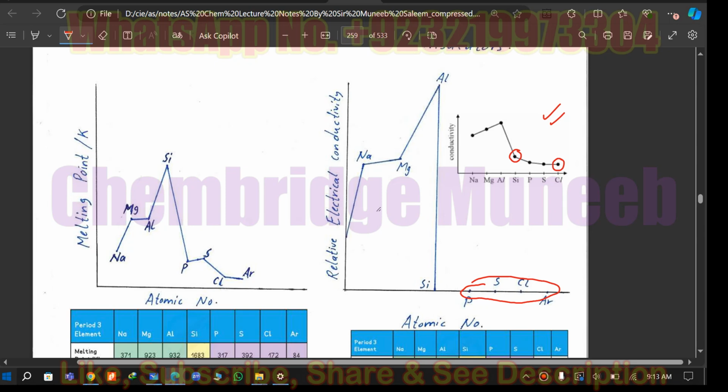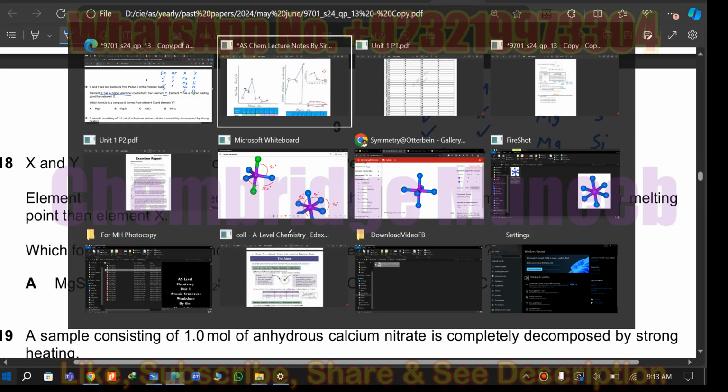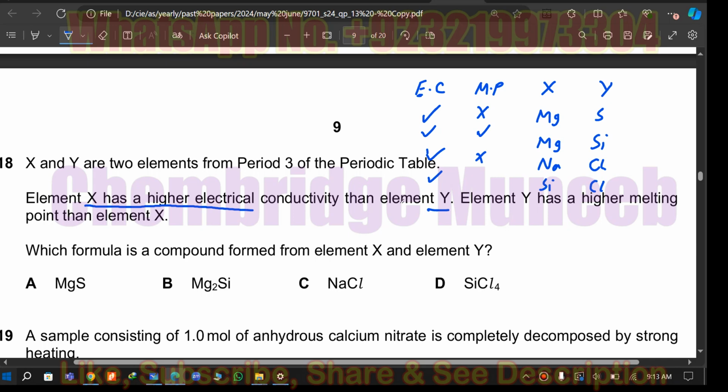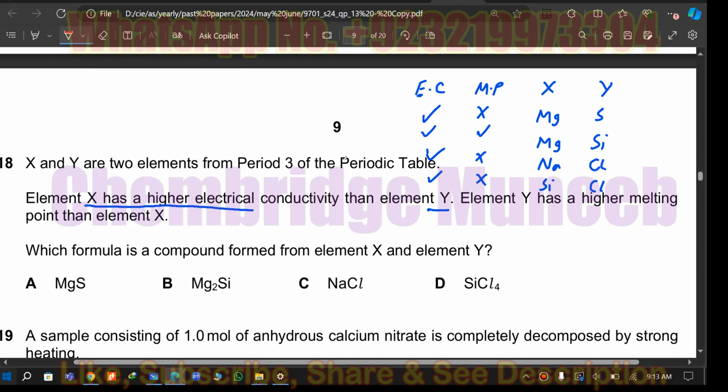But in terms of the melting point, it says that chlorine should have higher melting point than silicon, which over here is incorrect because silicon has higher melting point than chlorine. So this becomes cross. So all the options are incorrect except for the combination of magnesium and silicon. These two are correct.